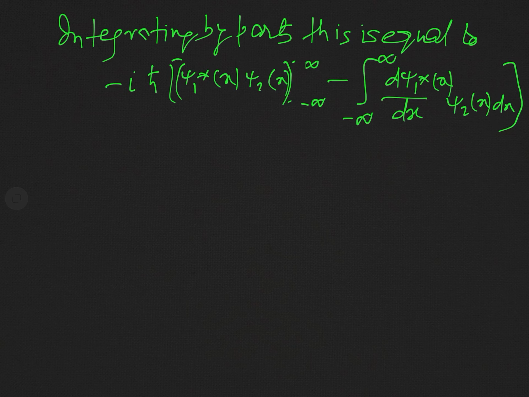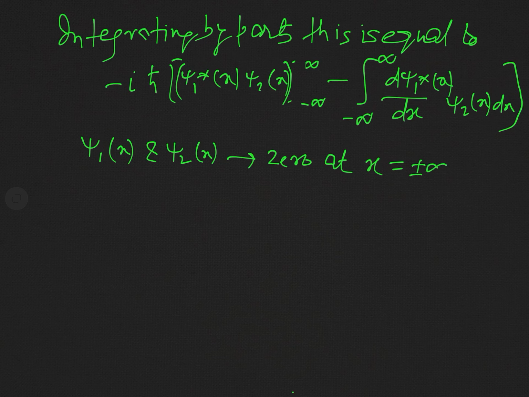Now, as a wave function is square integrable, it must vanish at plus minus infinity. We know psi1 of x and psi2 of x are 0 at x equal to plus minus infinity. You have seen it in the definition of a Hermitian operator too.